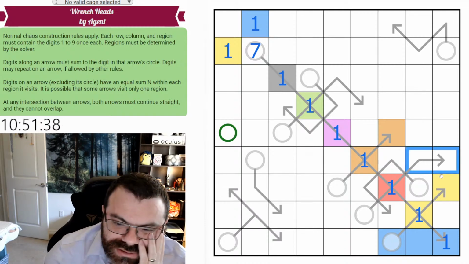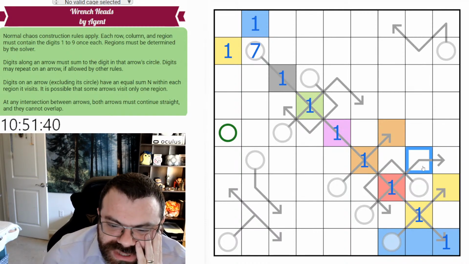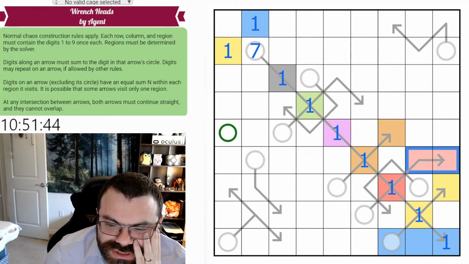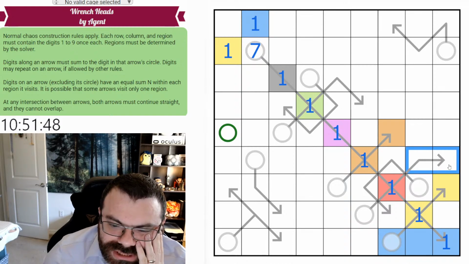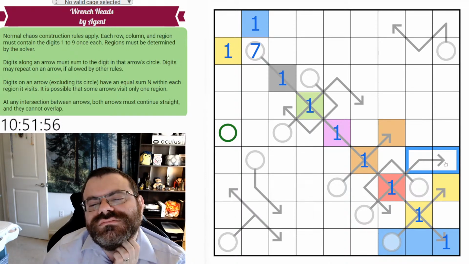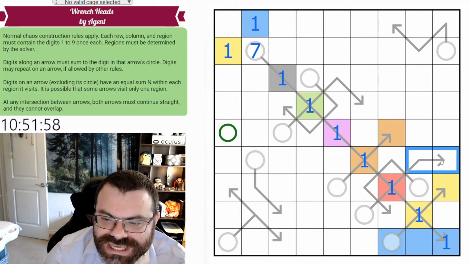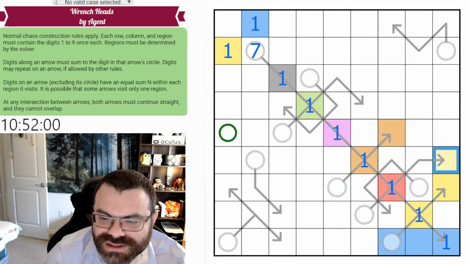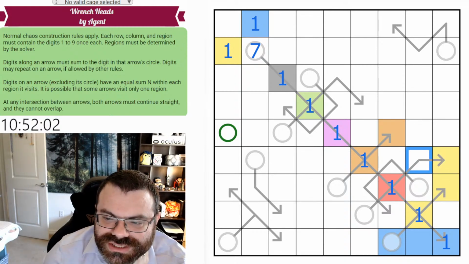So I was going to look at this arrow here. There's basically 2 options. One is that red uses the whole thing, which would be pretty normal. Another option is that we have another region hitting here, like maybe yellow hits here, and this was red.